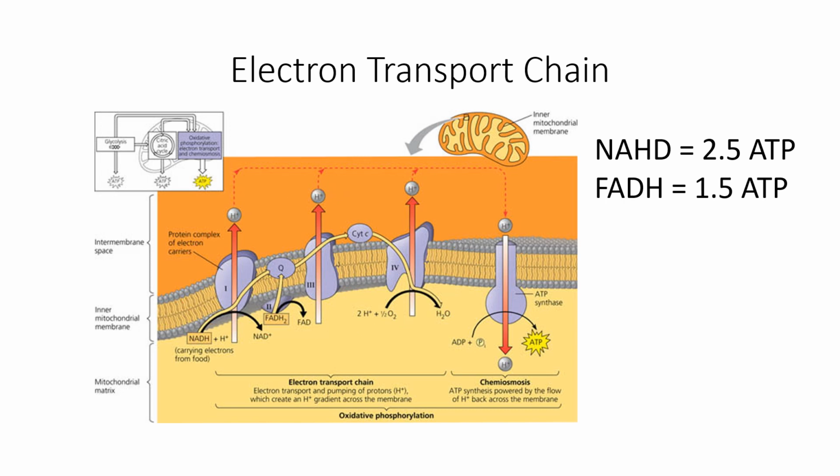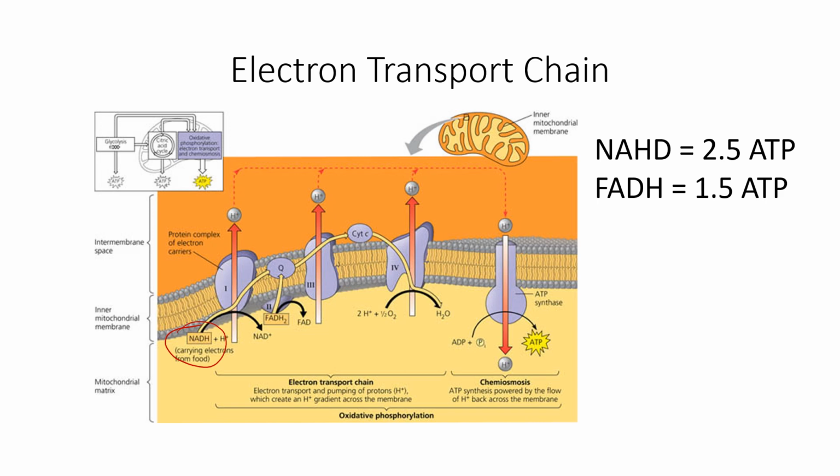Let's start off discussing NADH. All of the NADH is going to go to what's known as cytochrome 1 or complex 1. And what's going to happen to NADH as it approaches complex 1 or cytochrome 1 is NADH itself is going to get oxidized.